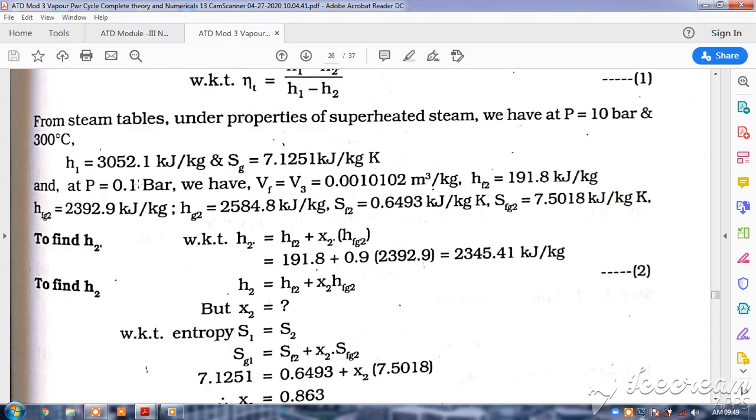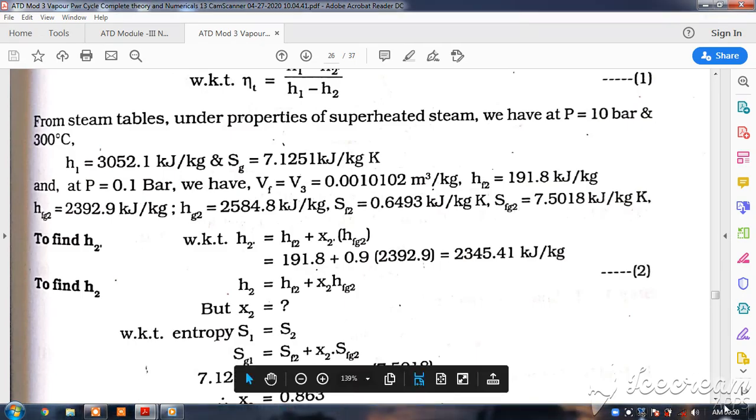And at 0.1 bar condenser pressure, you have to take two values of enthalpy and two values of entropy. Both values you will take at the fluid value HF2, then SF2. Then the latent heat of evaporation, HFG2 and SFG2. Okay, because it is in wet state. So in wet state you are taking these two conditions, saturated liquid and evaporation.